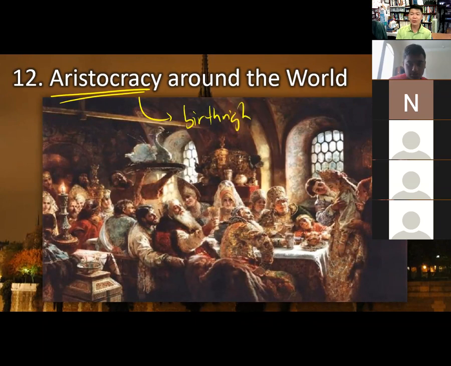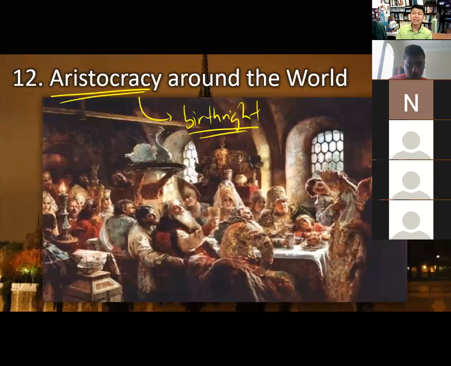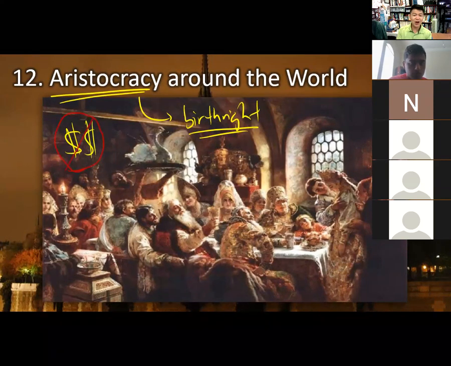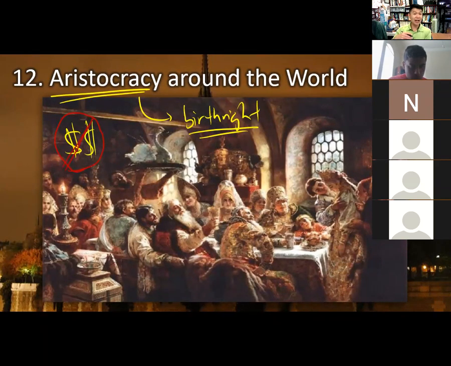Aristocracy gives you particular advantages to be wealthy, but this is by no means a guarantee. Wealth is not necessarily a descriptor of aristocracy. Aristocracy is solely about birthright.